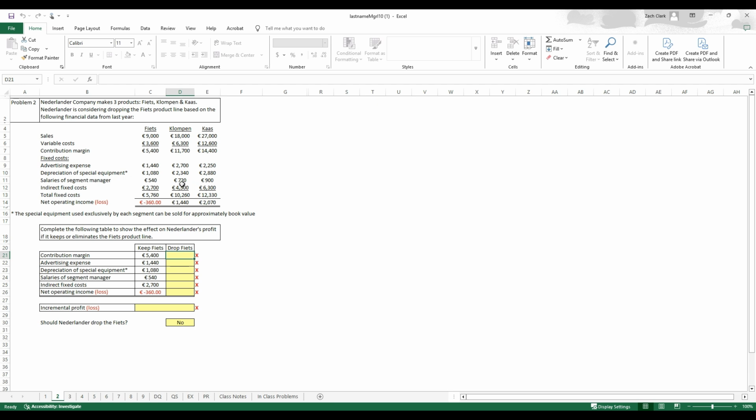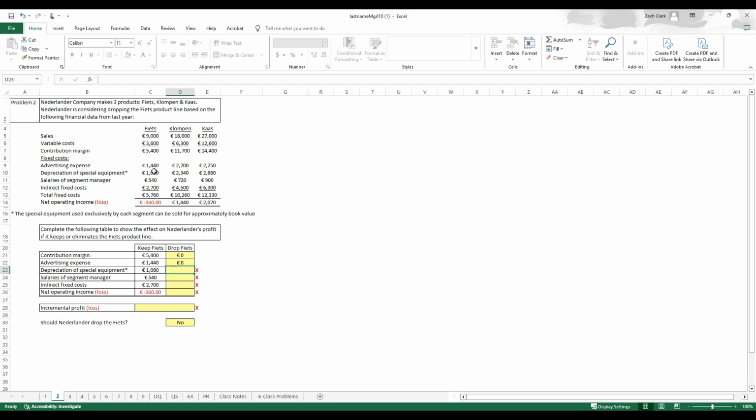So, the specific fixed costs here. As far as contribution margin goes, if we drop that, we're not going to have any impact, essentially, because that's just the sales and the costs for that specific product line going away. The advertising expense is specific to the Fiats, and that will go away as well.